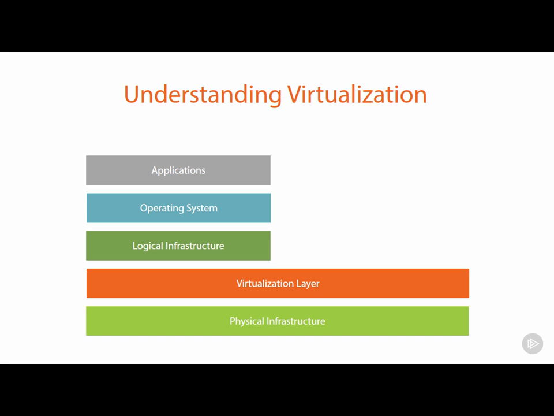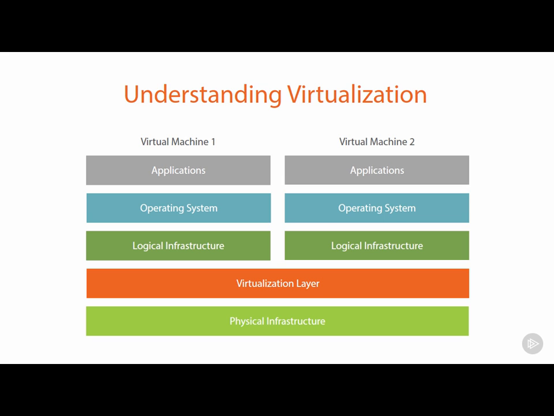Now when we talk about virtualization, we inevitably have multiple virtual machines that run on top of that physical infrastructure. Sometimes this can be thousands of machines, and factors such as the capacity of the underlying physical infrastructure and the scale of the logical machines that are being provided will determine how many get provisioned within that one physical machine.